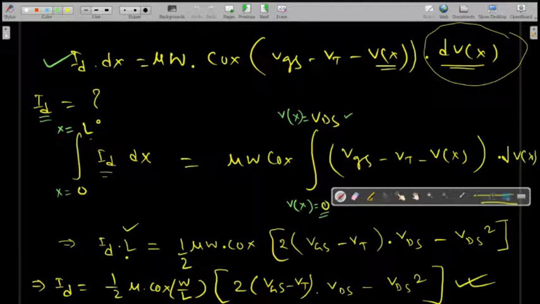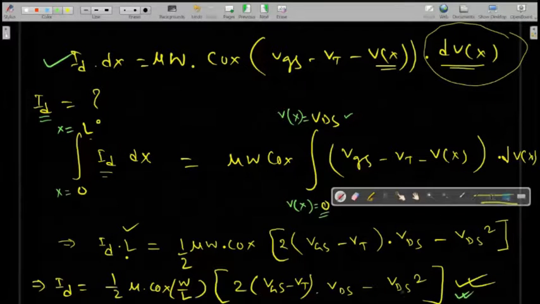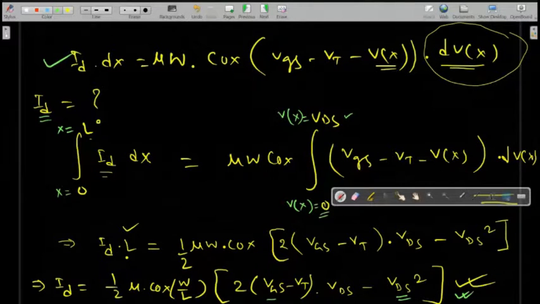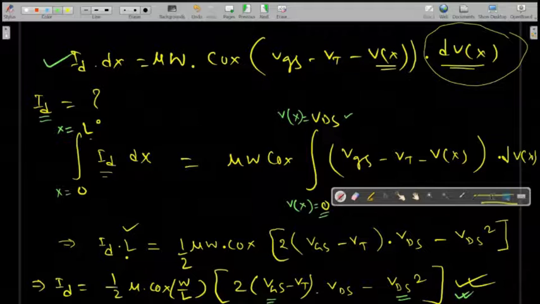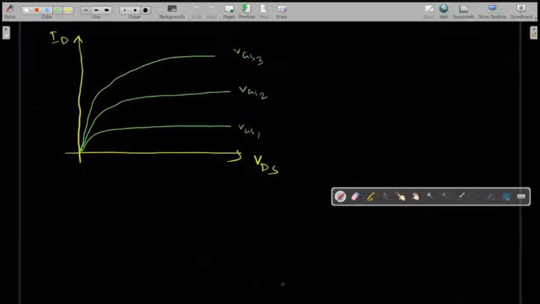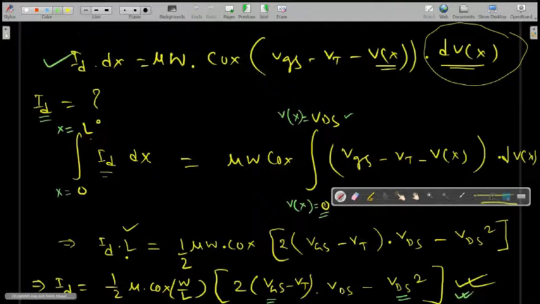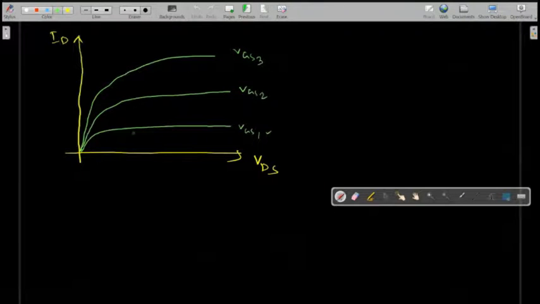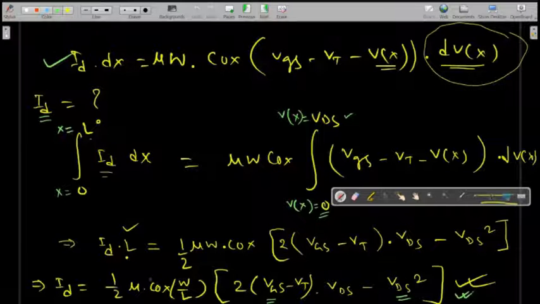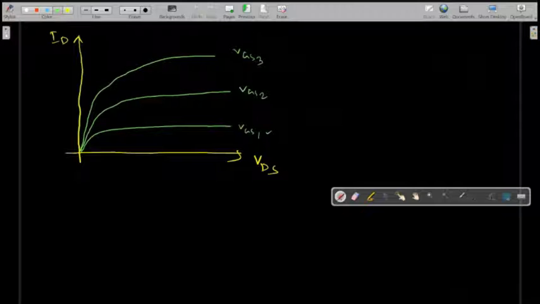If I plot this equation, that is, if I vary VDS for a constant VGS, suppose VGS equal to VGS1, whatever the voltage is, 2 volt, 3 volt, and plot the drain current, it should look like that, because we are going to develop the model for a MOSFET. This ID will follow this line.